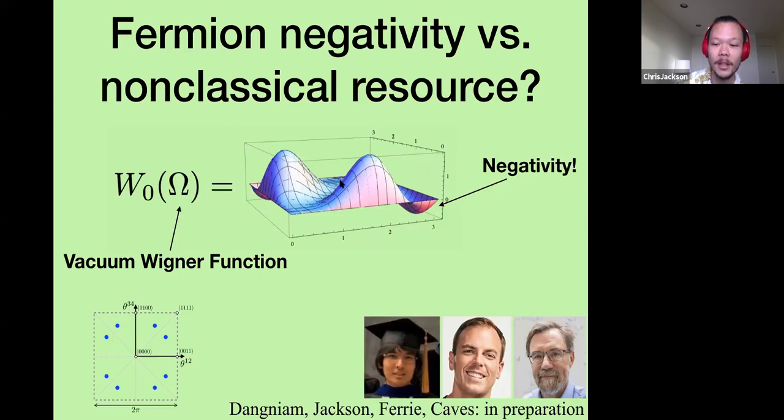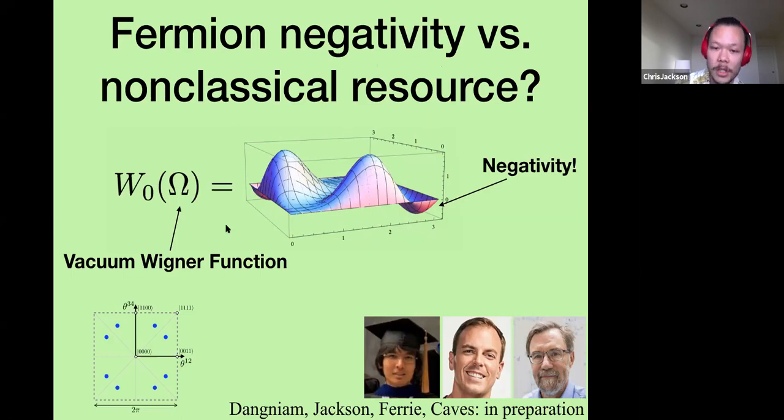Something you might be interested in is the Wigner function of the vacuum state itself. Well, it looks like this. In the community, there has been a lot of talk about possible relationships between quasi-probability positivity and classicality. This is an explicit demonstration that if there is any relationship between the two, it's a little more subtle.